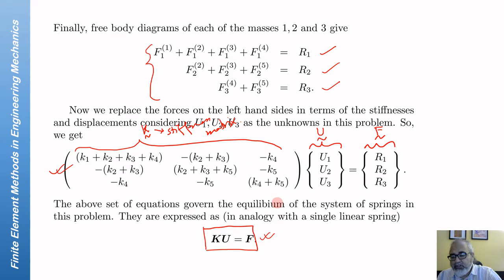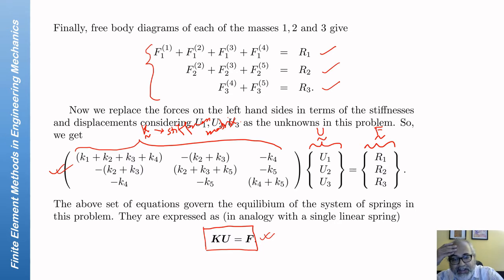You need two things to derive this equilibrium equation. One, you need a force balance equation, the principle of force balance, and you need a constitutive equation for all the constituents in your system. Once you have these, you can use either force balance or the energy principle in order to derive the final matrix equations, which we call the equations of motion.